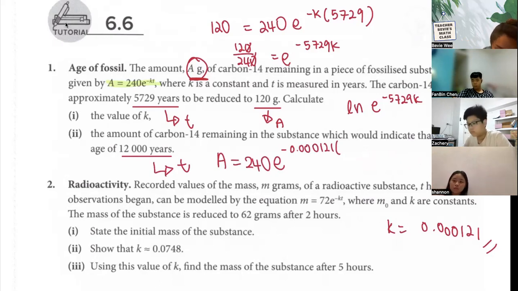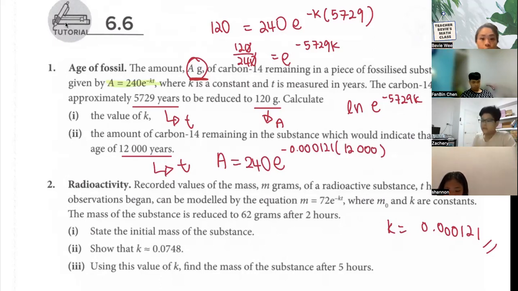T in this case, the question already said, is 12,000. Your numbers are all on one side already, and your unknown A is already standing alone. All you have to do is press your calculator. You all know where to find e, right? Alpha, the e is right at the bottom.